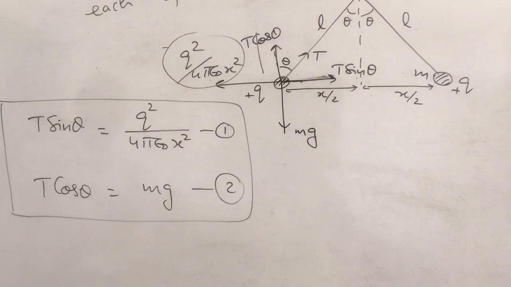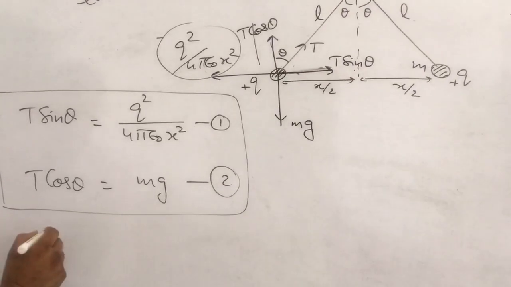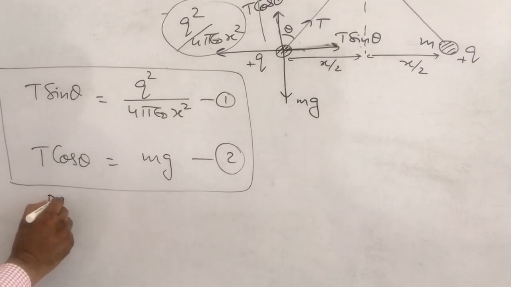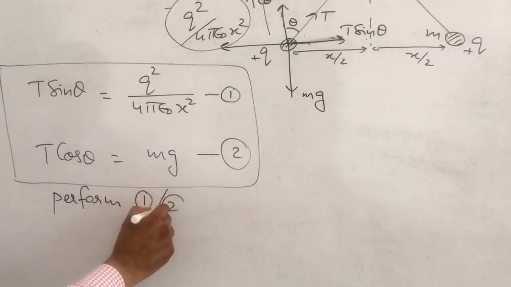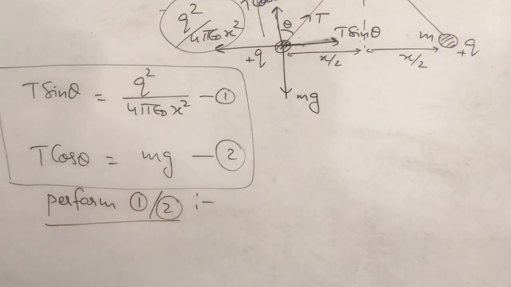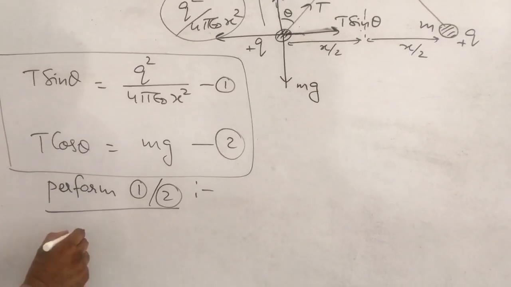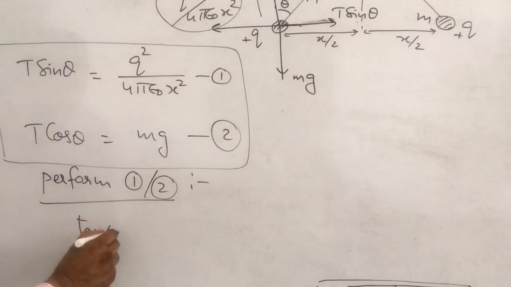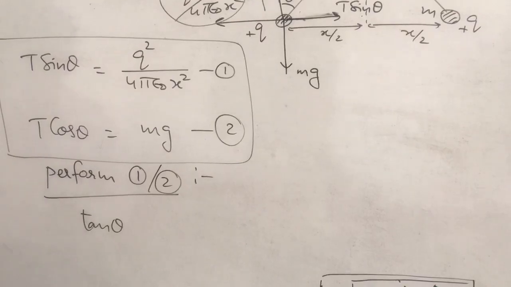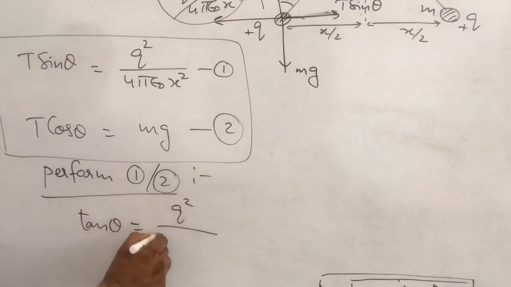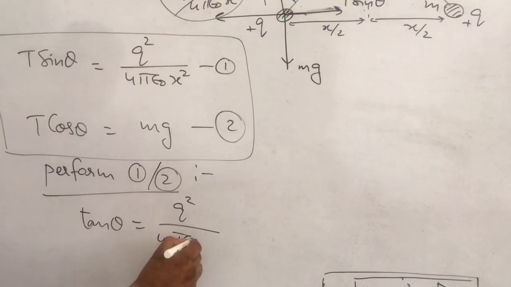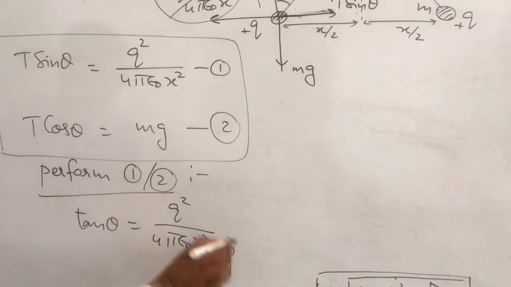Now T is unknown. Let me eliminate T. Perform 1 upon 2. If I perform 1 upon 2, I'll get tan theta. T sin theta upon T cos theta, T will be cut out, tan theta is equal to q square upon 4 pi epsilon naught x square mg.